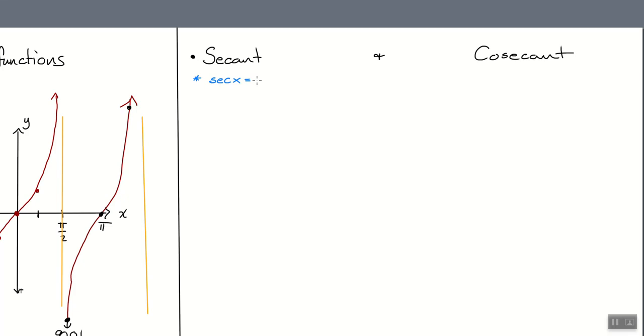It is a reciprocal of cosine, and it annoys the heck out of me that secant and cosine match up when the co's are there. I get it. It's annoying. This is 1 over cosine. Now, when we think about a function, all we ever really have to worry about when we're graphing is, is it undefined anywhere? Is this function undefined anywhere?